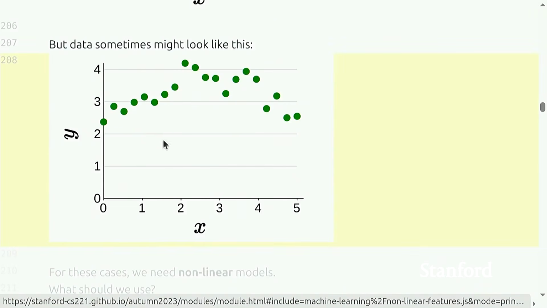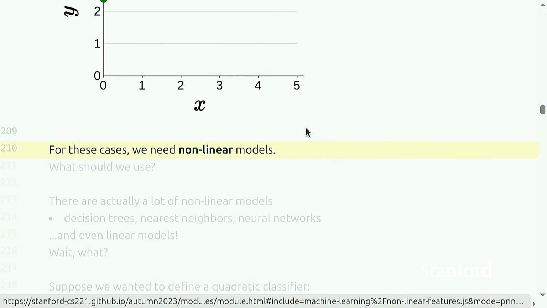But sometimes your data might look like this, and in that case, it would be a little bit strange to fit a line. I mean, you could fit a line here, but that doesn't seem intuitively, on this particular data set, a very wise thing to do. At least you're not going to get a very good fit. So in these cases, we need nonlinear models to basically create a larger set of predictors.